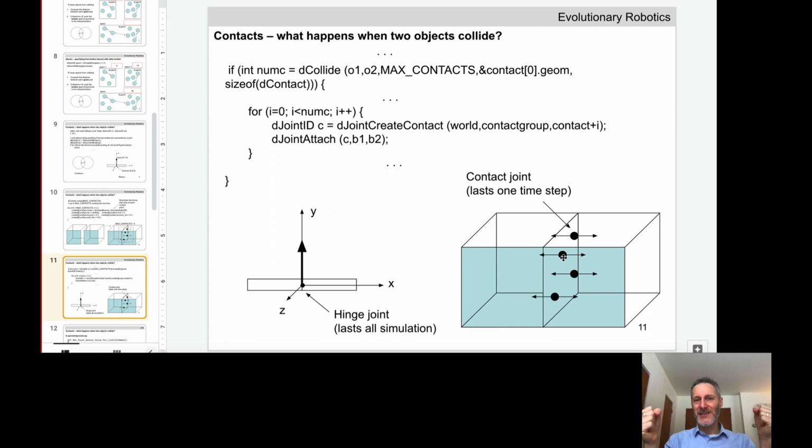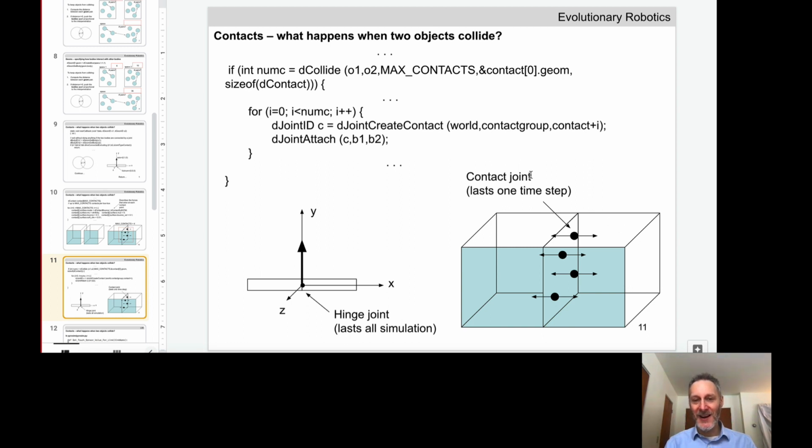So basically they're delta x, delta y, and delta z. That's 3 possible ways they can move relative to one another. And there are 3 relative orientations. So they can rotate this way relative to one another, this way relative to one another, and what did I miss? 1, 2, 3. Yaw, pitch, and roll. 6 different ways they can move relative to one another.